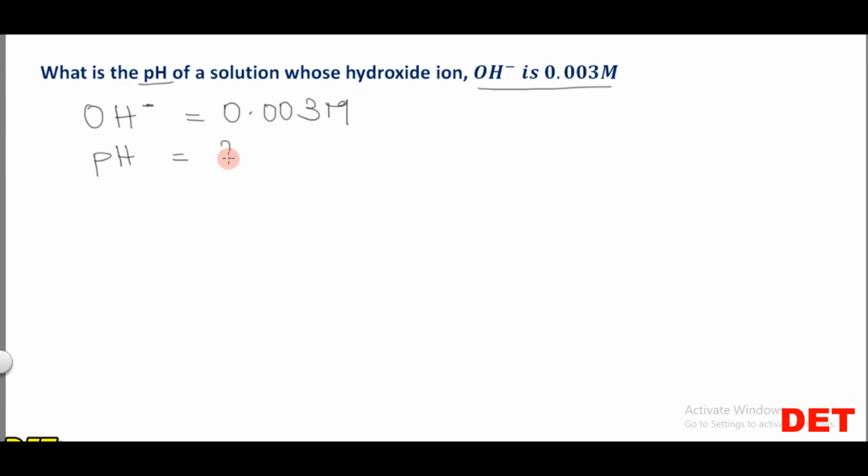First of all, we are going to look for the pOH. You should know that the pOH of a solution is equal to the negative logarithm to base 10 of the hydroxide ion concentration.